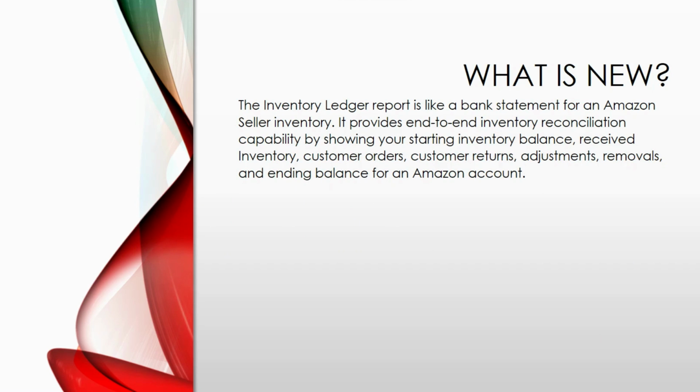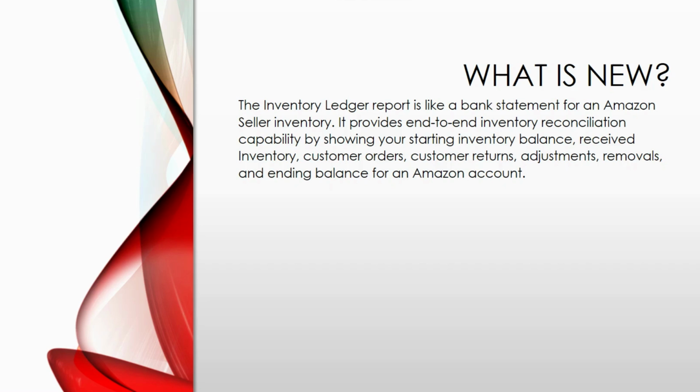It provides end-to-end inventory reconciliation capability by showing your starting inventory balance, received inventory, the customer orders you got, the customer returns you have, and the adjustments. Adjustments could be inventory reconciliation, inventory reimbursement, removals, and the ending balance for your Amazon account. All these things are merged into one big, detailed report, which is called the inventory ledger report.